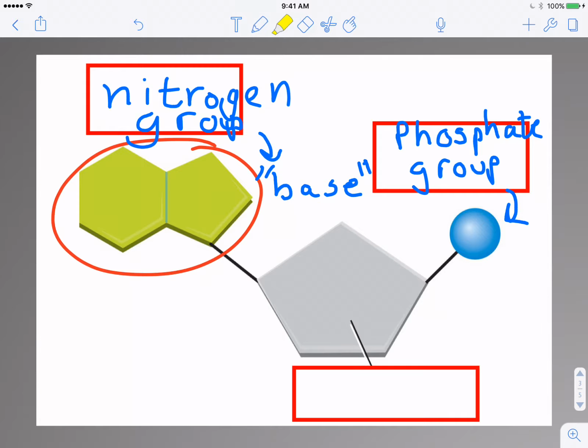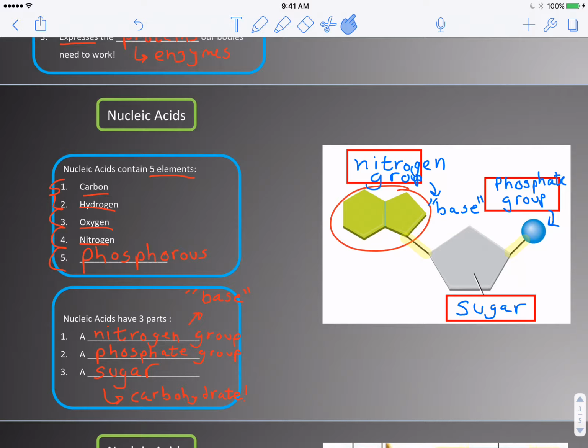And what you'll notice, if you look at these bonds right here and right here, is that both of these groups are attached to our sugar. Okay, so the sugar is what is holding this entire nucleic acid together. All right?